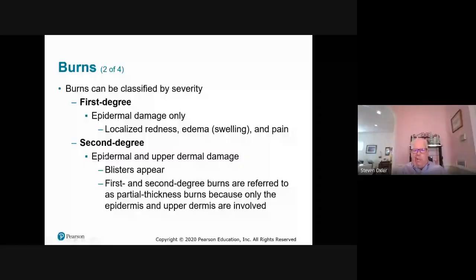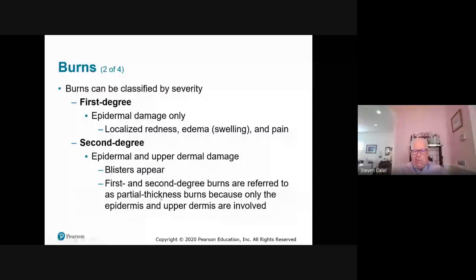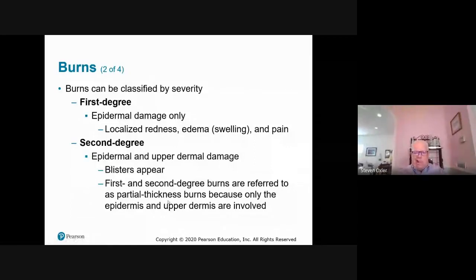The hallmark of a second degree burn is blistering. Okay? First and second degree burns are known as partial thickness burns because they only involve the epidermis and upper dermis. So first degree is only the epidermis. Second degree is the epidermis and the upper dermis, and the hallmark is blisters.